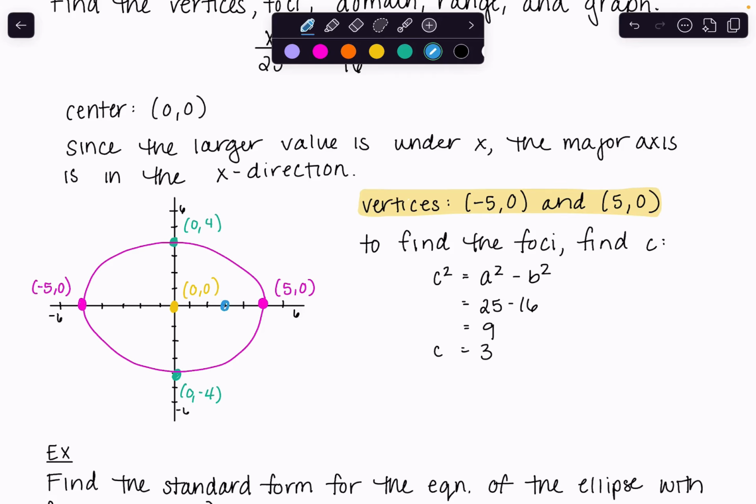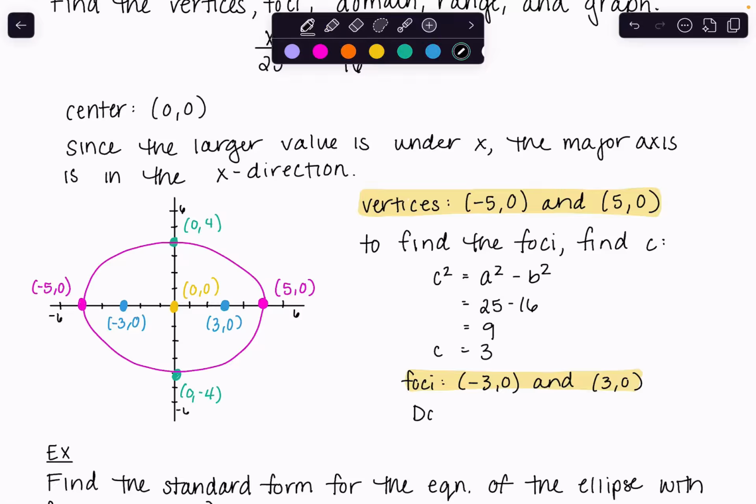So one will be right here at 3, 0, and then right here at -3, 0. So we have those points now. That is -3, 0, and 3, 0. So that was another piece of information we had to find.